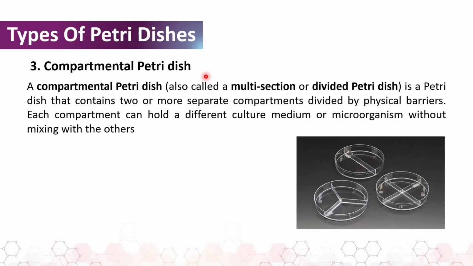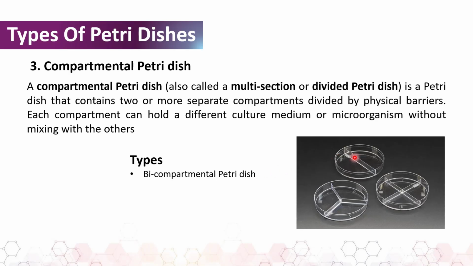It is a type of Petri dish that contains two or more separate compartments divided by physical barriers. Each compartment can hold a different culture media or microorganisms without mixing with the others. So let's look at the types of compartmental Petri dish we have.